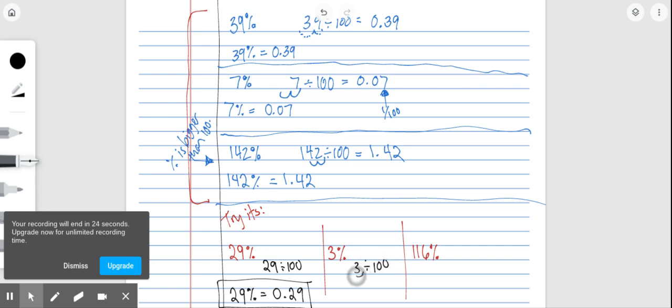This time I've got to move the decimal 1 extra spot. So I've got 3% is the same as 0.03 or 3/100ths. And last but not least, I have 116 divided by 100. Move the decimal twice. This is 116% equals 1.16.